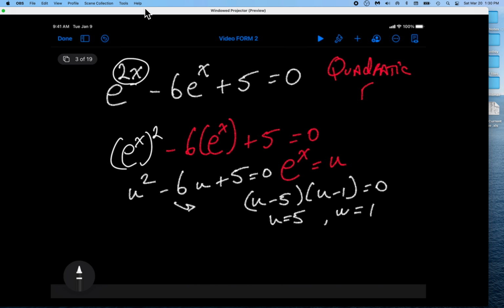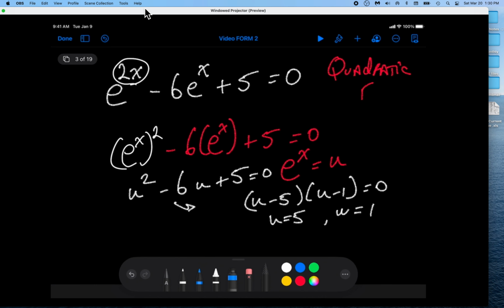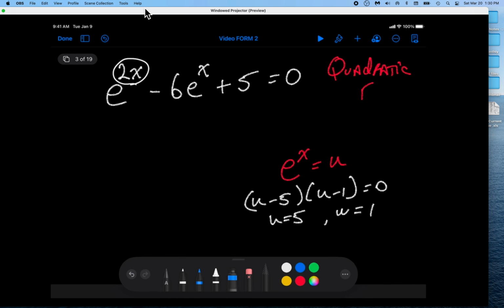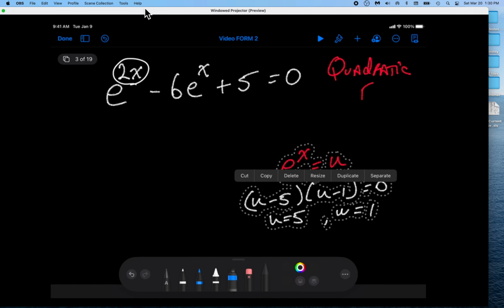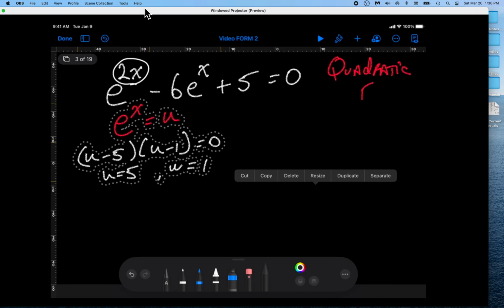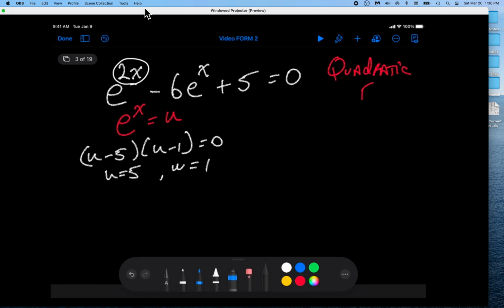Now our goal here is to solve for x. So now we're going to bring e to the x back into the loop. If e to the x equals u, then we have e to the x equals 5 and e to the x equals 1. We can evaluate these by taking the natural log of both sides.